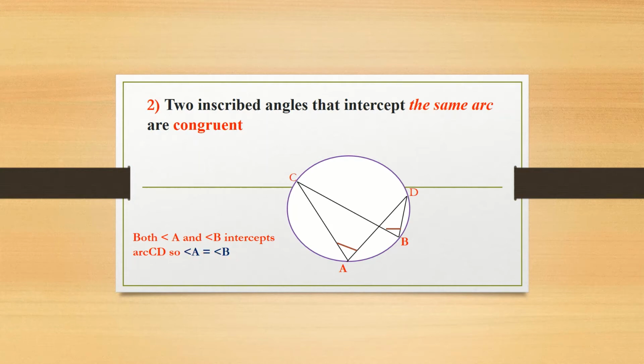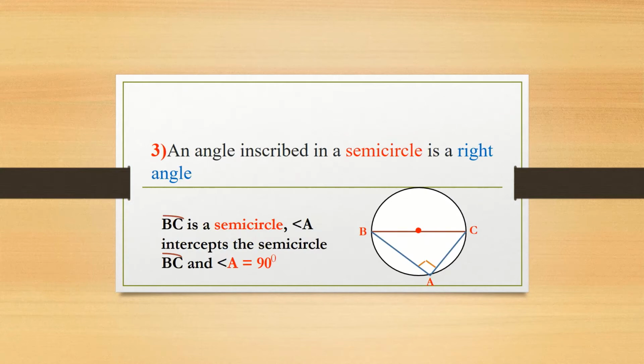Concept number 3, an angle inscribed in a semicircle is a right angle. Again, look at this circle. BC is the diameter of this circle.